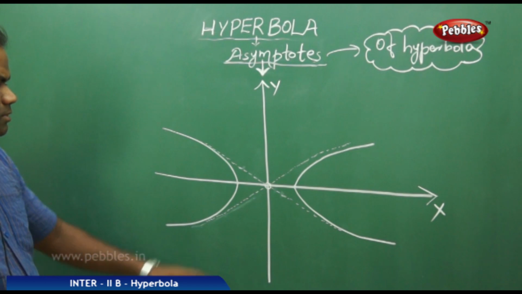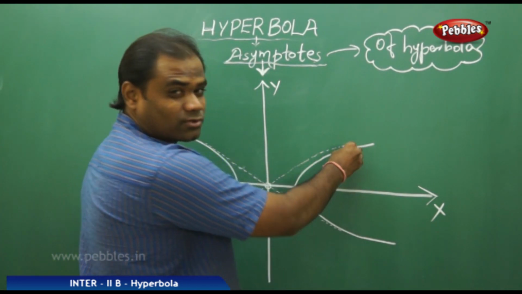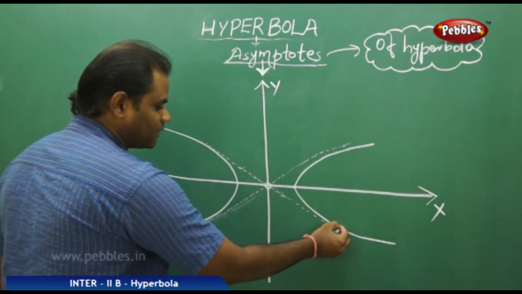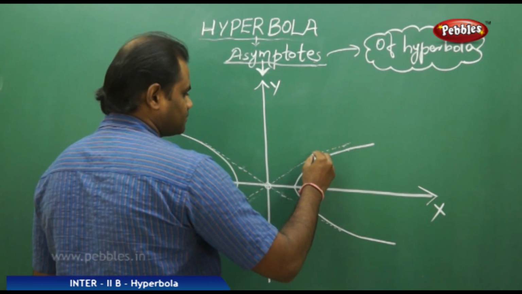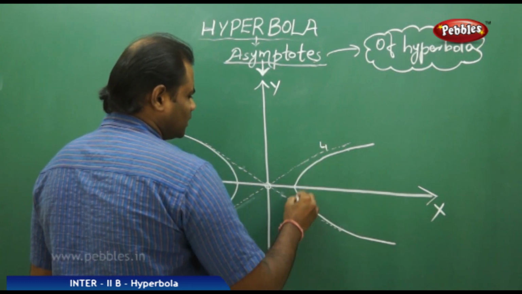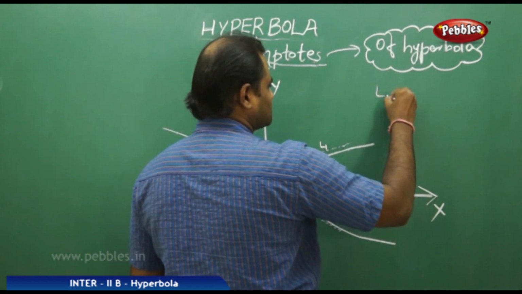So there are two asymptotic behaviors of the curve here. This is where the graph tends to touch the line, and here, and here. So these lines L1 and L2 are called the asymptotes.